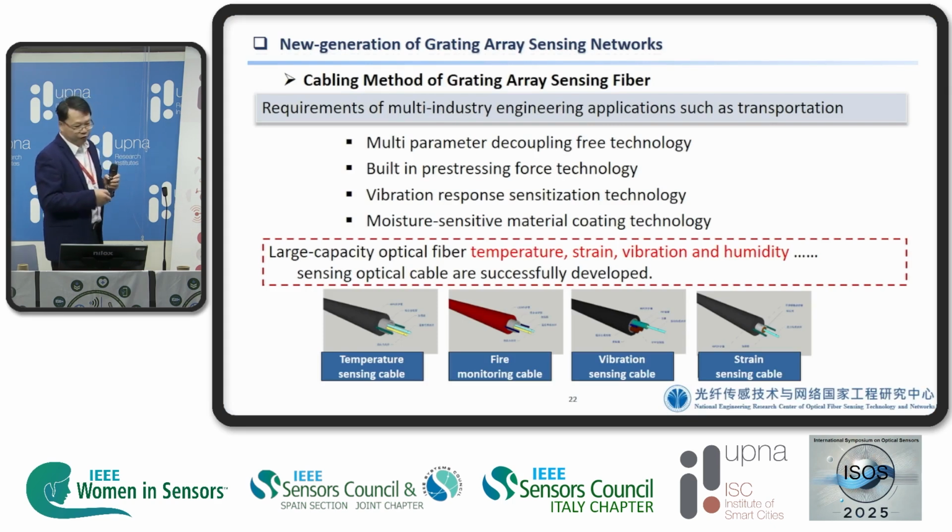If you want to go to industrial application, for sure you have to make the cabling. Then we can also make different cabling for different applications. For example, temperature sensing cable, and also vibration sensing cable, and also strain sensing. It's based on your application.